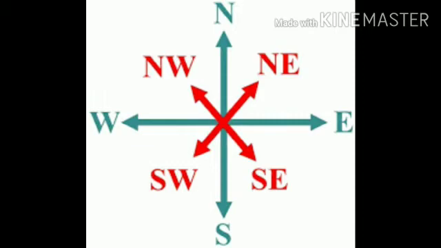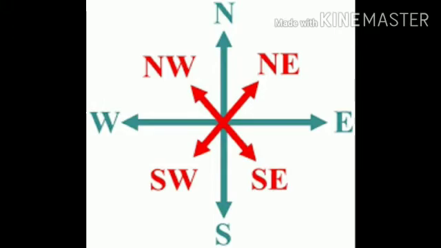The direction between the four cardinal directions are called the direction between north and east, northeast, the direction between east and south, southeast, the direction between west and south will be southwest, and the direction between north and west will be northwest.